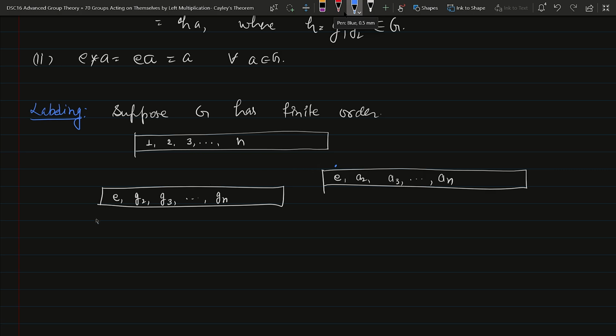So basically we have given each element a label. This is our first element, this is the second element, this is the third element and then the nth element. Likewise, this is the first element, this is the second element, this is the third element and so on.